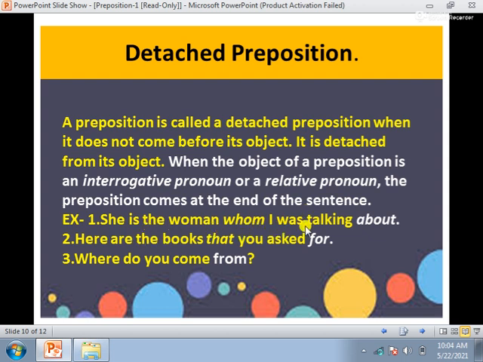She is the woman whom I was talking about. This is the relative pronoun, and that's why the preposition has been placed at the last part of the sentence. Here are the books that you asked for. This is the relative pronoun. Where do you come from? This is the interrogative pronoun. So when a relative pronoun or an interrogative pronoun appears, the preposition comes at the last part of the sentence, and it shows the detached situation. It shows the relationship that has been detached from the object.